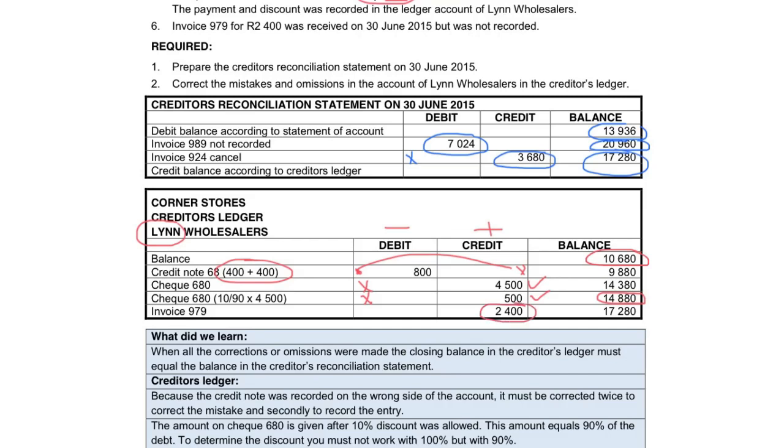You will add it and you will get a higher amount that's outstanding. Now, after we corrected all the mistakes and we completed entries for the omissions, you will see that the balance in the creditors reconciliation and the balance in the creditors ledger is equal amounts. That means that we corrected everything that was wrong.